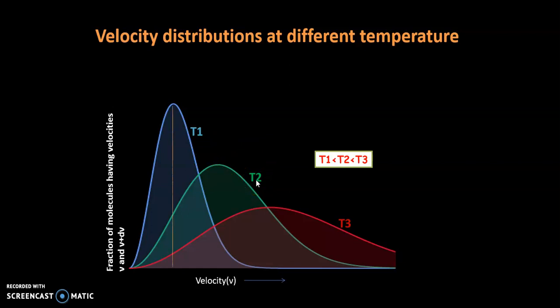The main features of Maxwell's distribution curves are: at lower temperature, most of the molecules have less energy, therefore the speeds of the molecules are lower and the distribution shows a narrow peak.